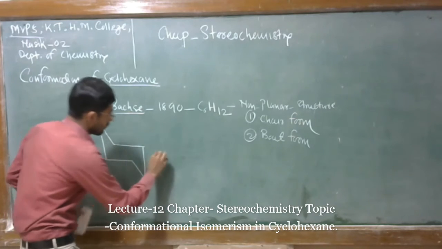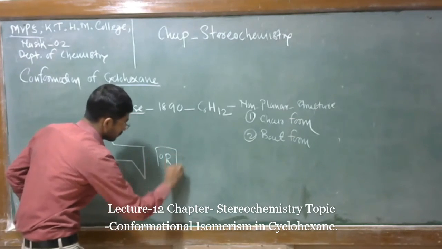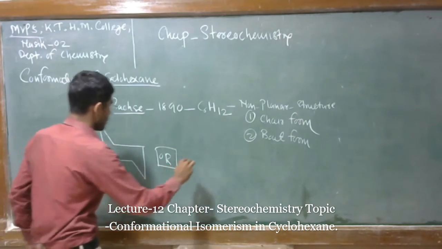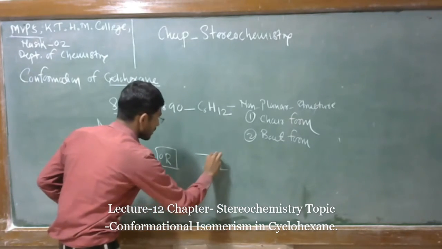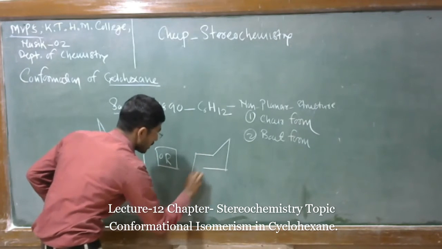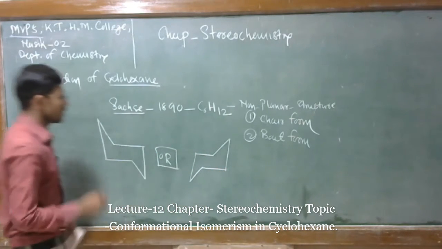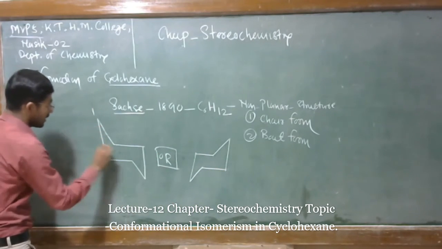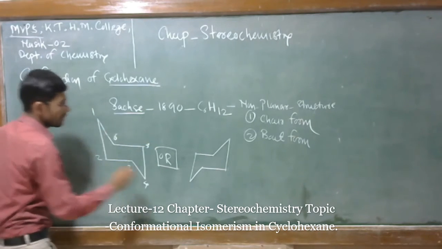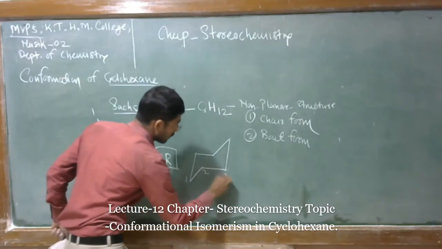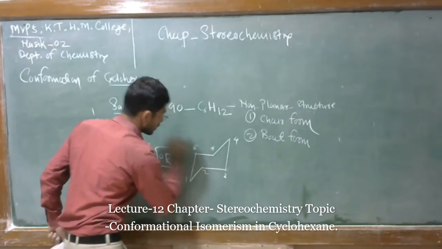Second, we can draw in the opposite way, drawing two parallel lines and joining them like this. In these two chair forms we write carbons 1, 2, 3, 4, 5 and 6.